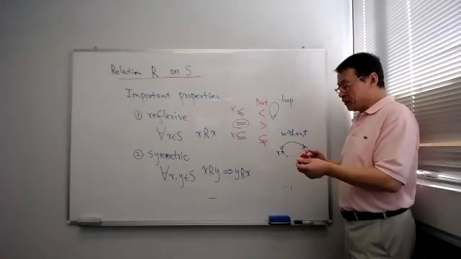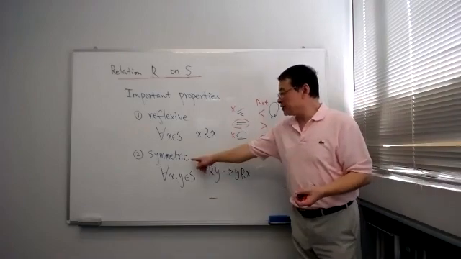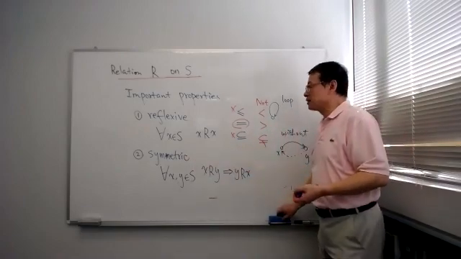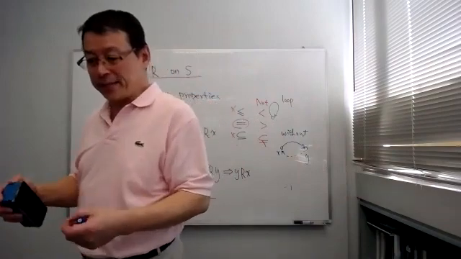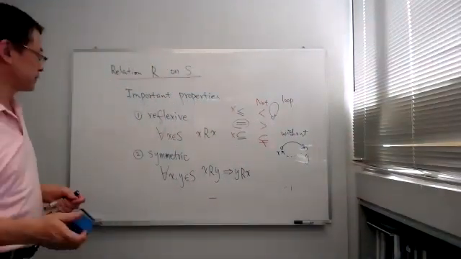All right, I'll give you more examples. Another one related to symmetric is anti-symmetric. It's not asymmetric, but rather anti-symmetric.